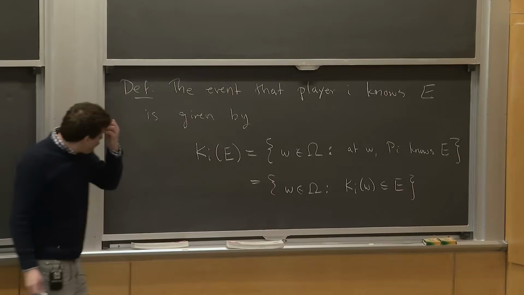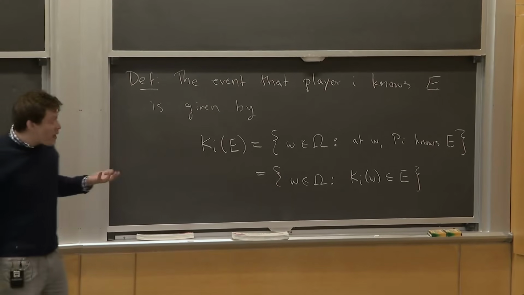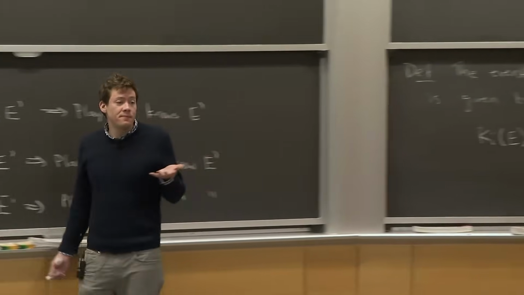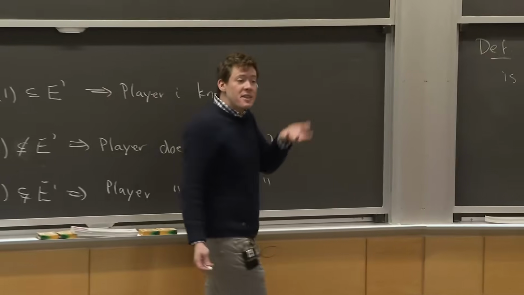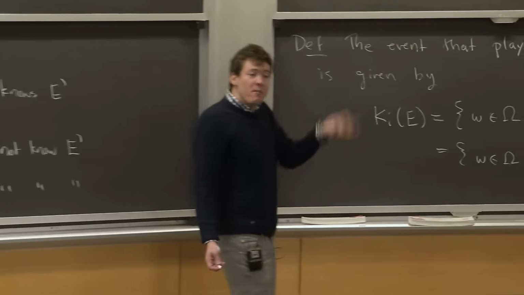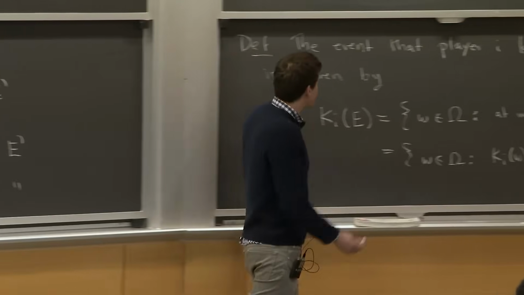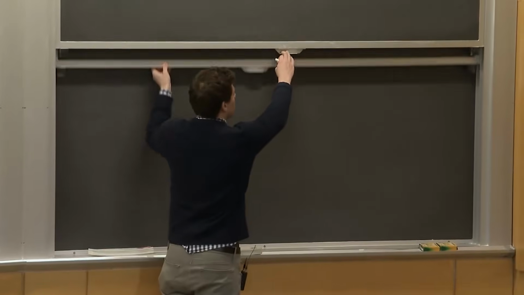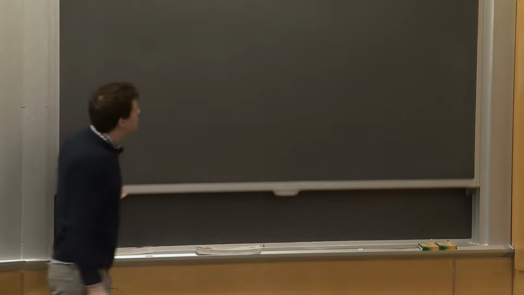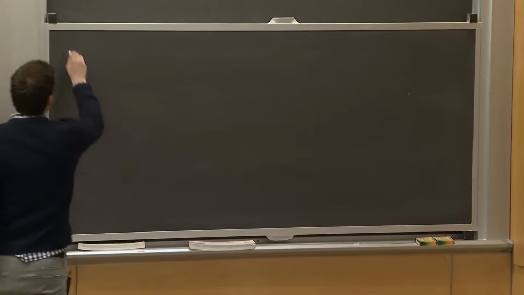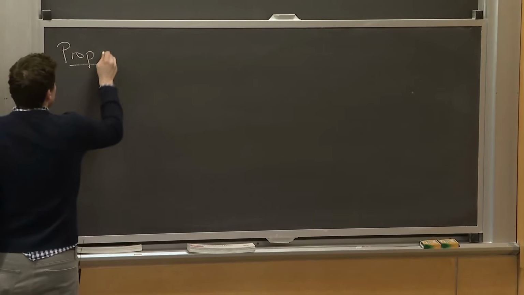And now we can try to formalize this property that a player can only know something if it's true. That if in some state I know an event E holds, then it must be the case that the event E actually holds. Let's state that mathematically and then prove it. So here's our maybe first very basic result.